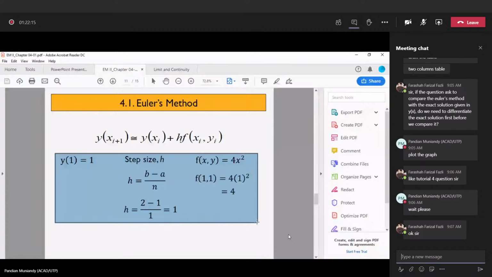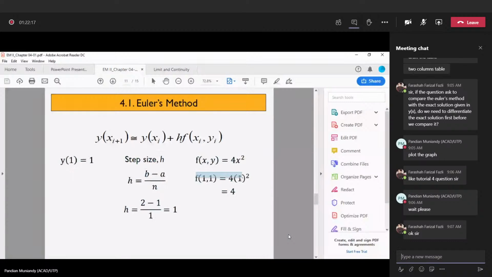When x0, y0, this is the problem. You need this value to plug in here, so you must know what x0, y0 is. This is given: x0 is 1, y is 1.